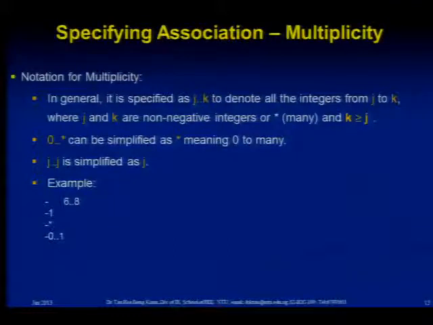K can be a non-negative integer or asterisk. And K must always be greater than or equal to J. In other words, this specifies an integer interval from J to K. Here we have some examples: 6 dot dot 8.